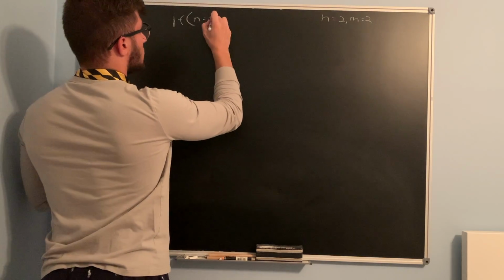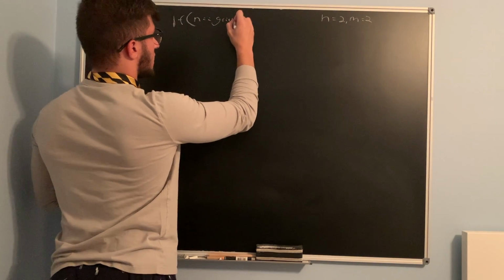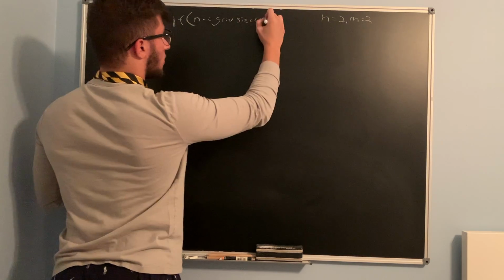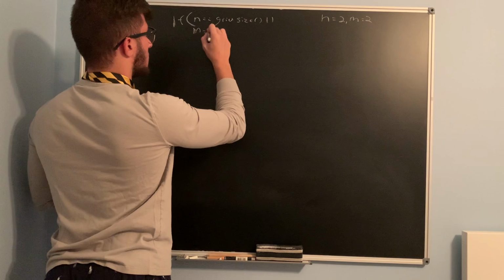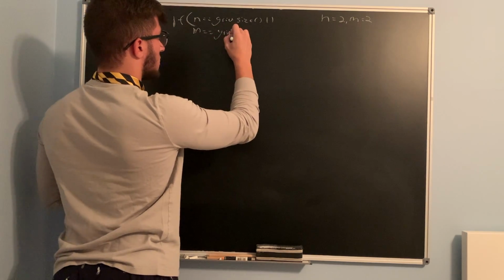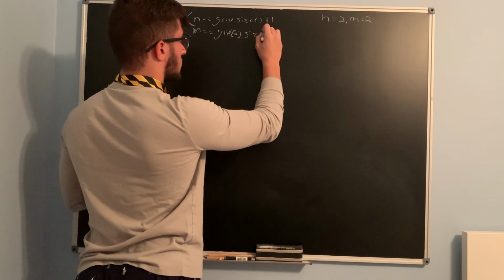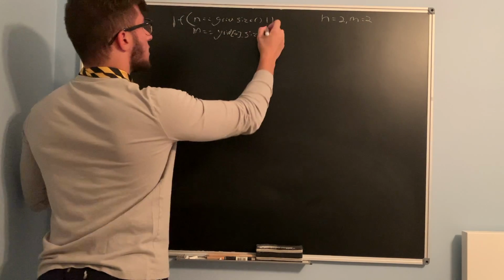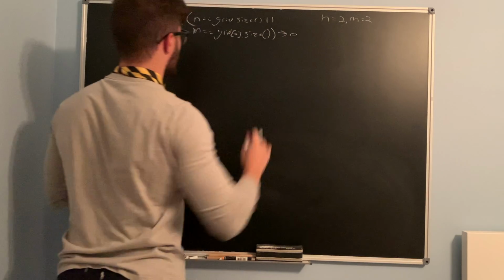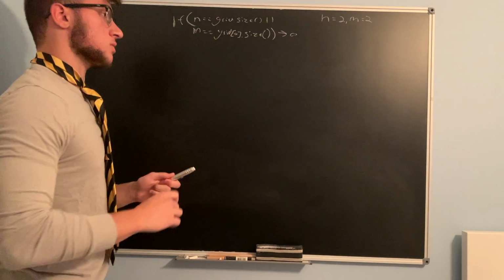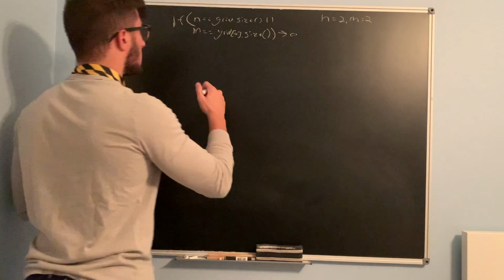If n equals the grid dot size, or m equals the grid at index 0 dot size, right? That's just matrix logic. Then we will return a 0, meaning the path is no longer good because we just stepped out of bounds of our matrix, right?